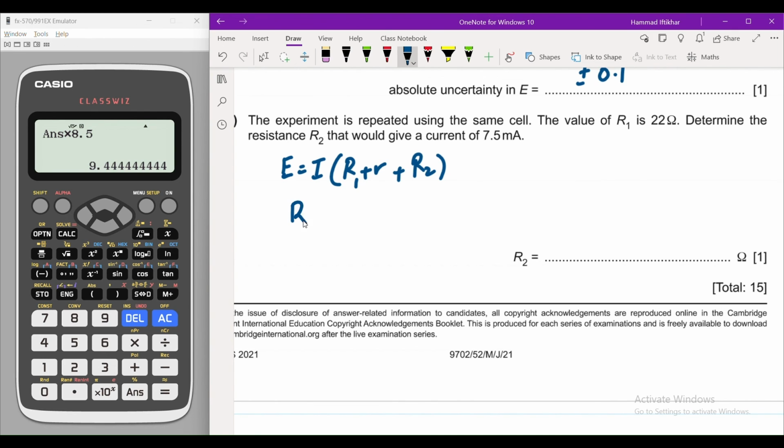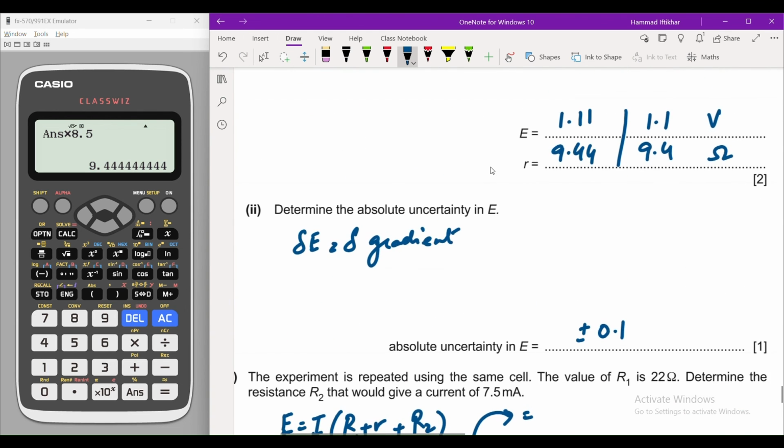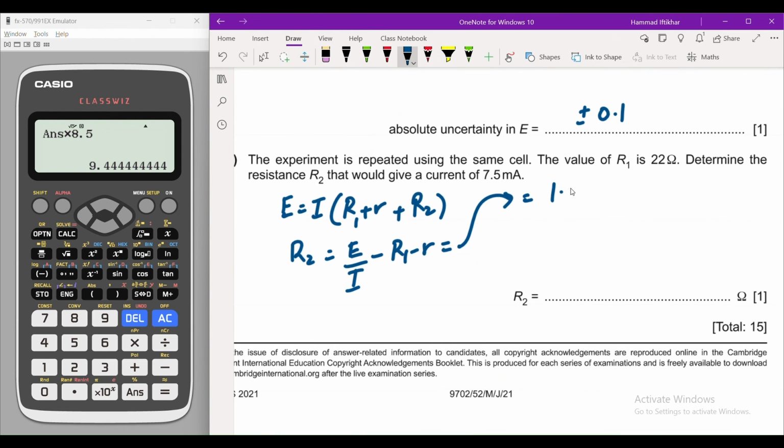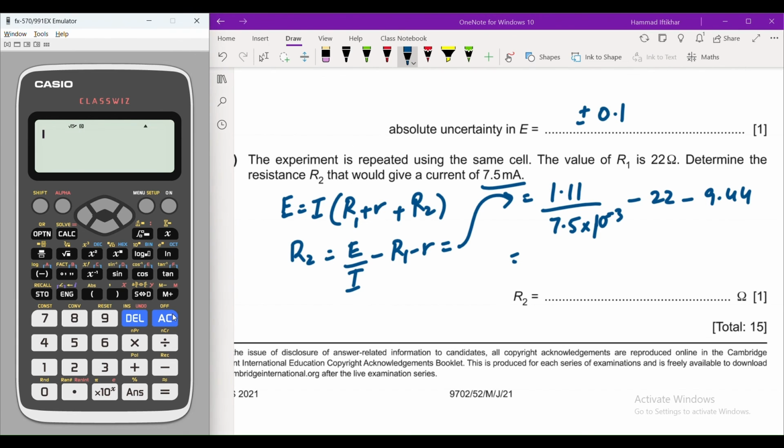We need R2, so R2 would be E over I minus R1 minus r. E was 1.11, over I which is 7.5 milliamps, minus R1 which is 22, minus small r which is 9.44, that we have just found out.